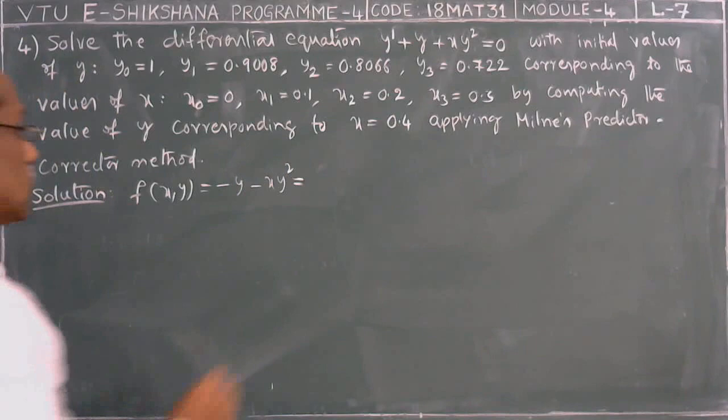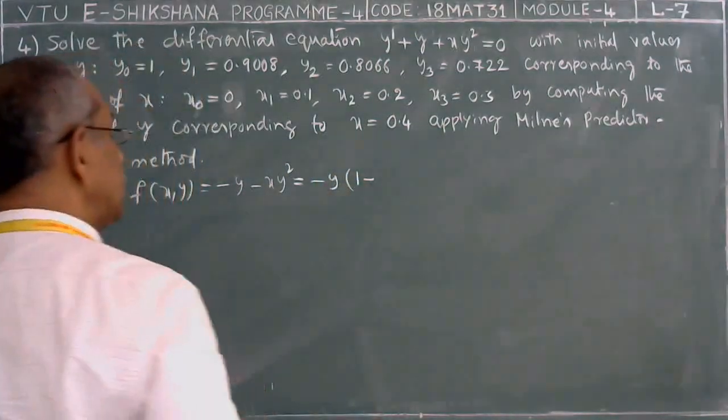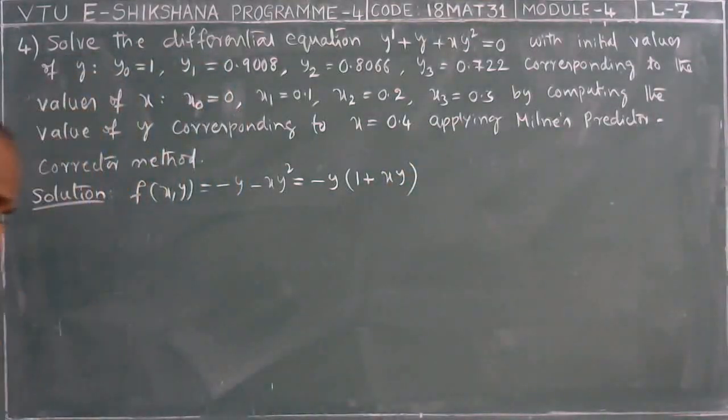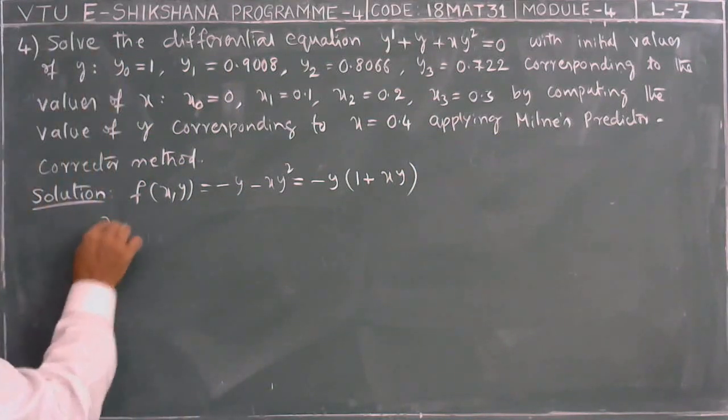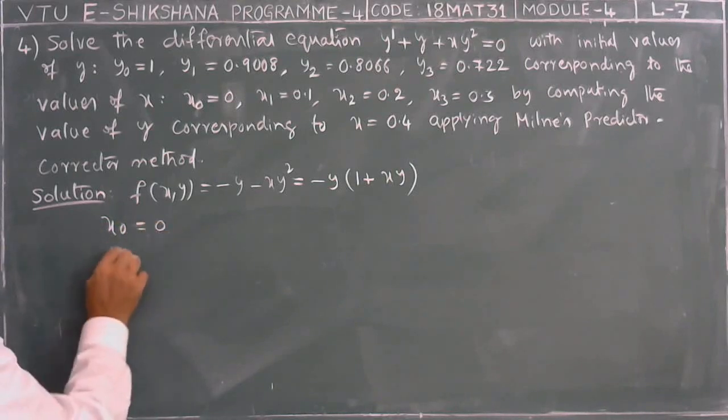So this is equal to minus y into 1 plus x y. And what is given? X naught is given to be 0.